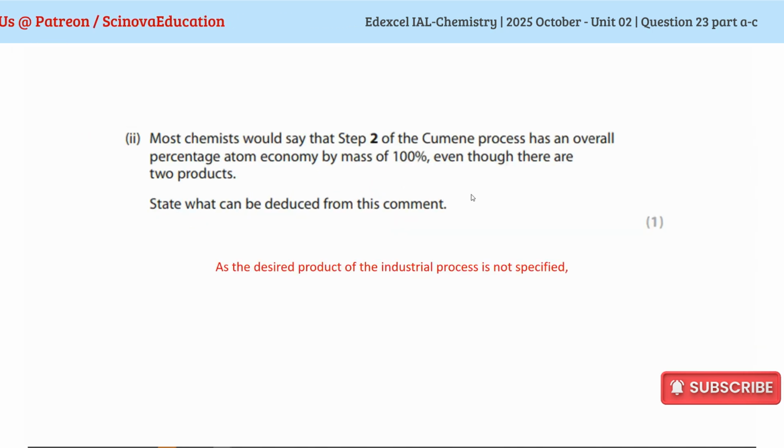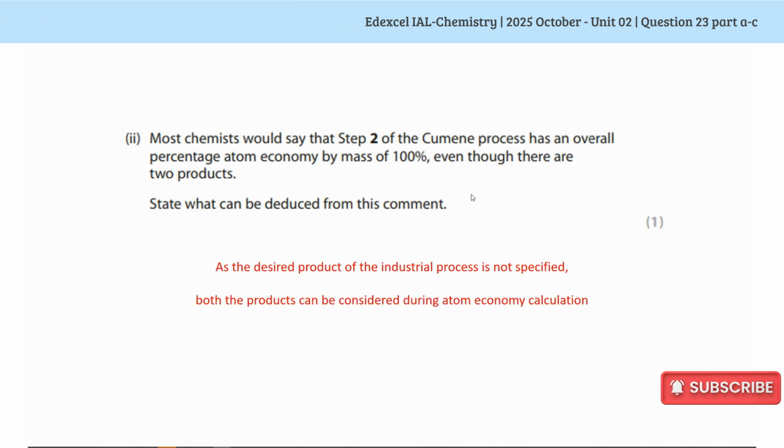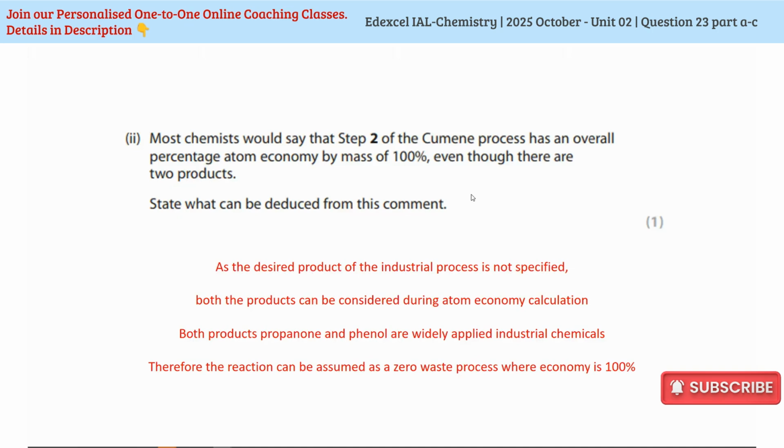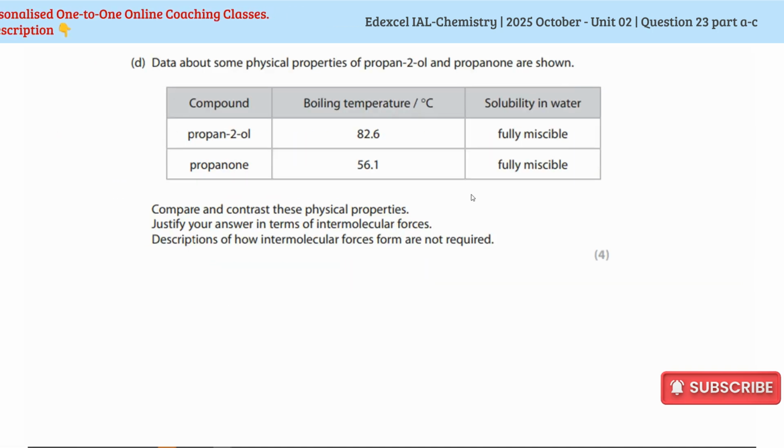So we can say, as the desired product of the industrial process is not specified, both the products can be considered during the atom economy calculation. Both the products, propanone and phenol, are widely applied industrial chemicals. Therefore, the reaction can be assumed as a zero waste process where atom economy is 100%.